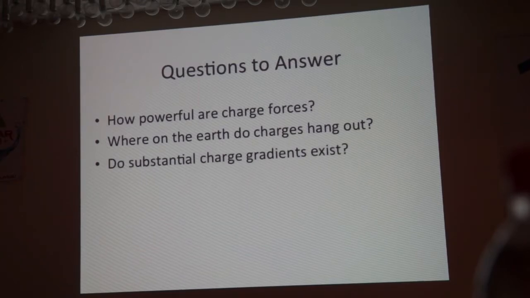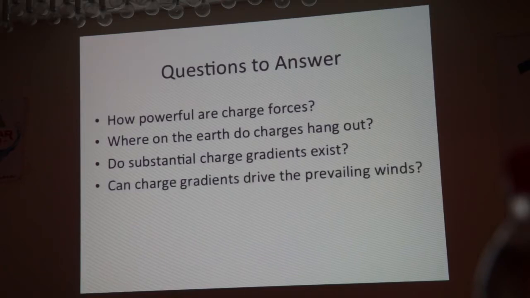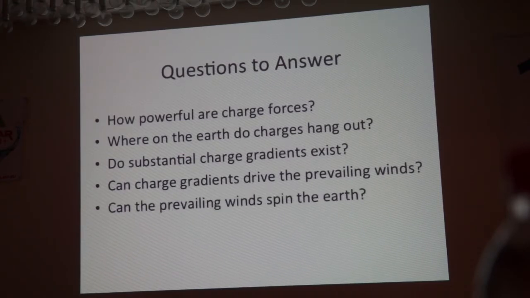Do there really exist substantial charge gradients, or are they just pretty uniform over the surface of the Earth? Can gradients actually drive the prevailing winds? There are prevailing winds; I'll be talking about them. And finally, can those prevailing winds actually spin the Earth?